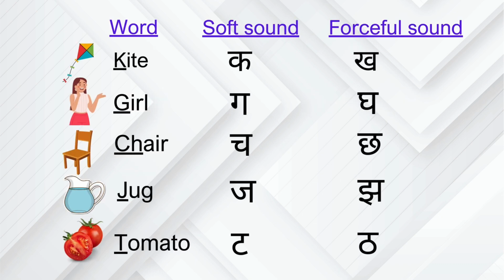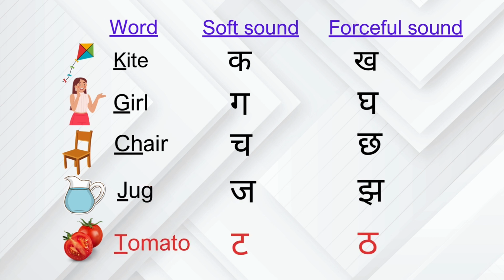We have reached the end of this video. This is the complete list of the letters learnt. Kite, k, kh. Girl, g, gh. Chair, ch, chh. Jug, j, jh.